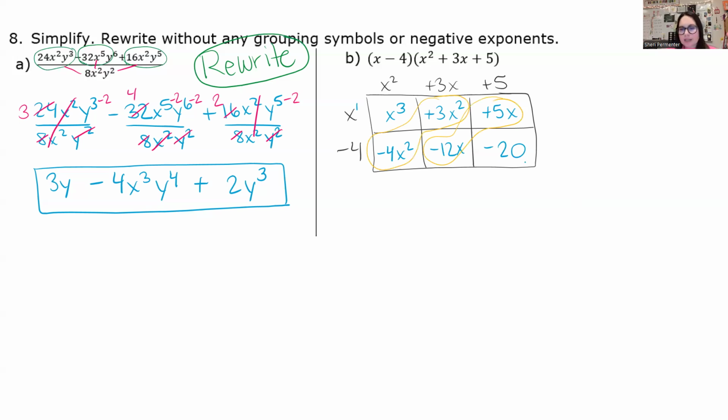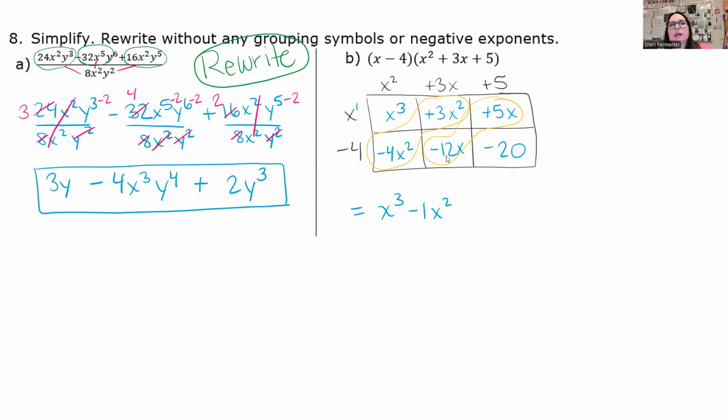So I'm going to rewrite this. This equals x to the third. Next, I have x squared. Well, what's 3 minus 4? Negative 1x squared. Do I have to write the 1? No. Is it wrong if I do? No. So put it or don't put it, it's no difference.